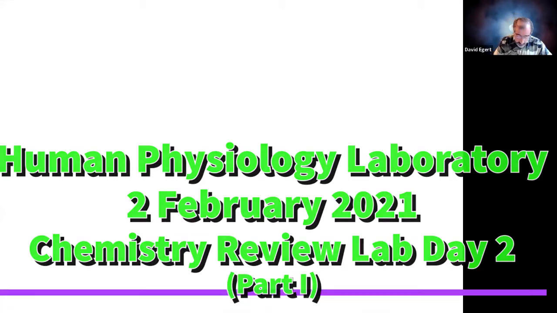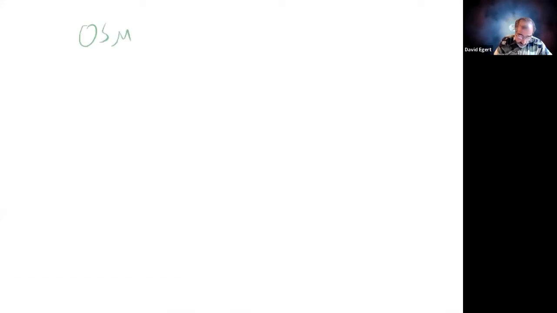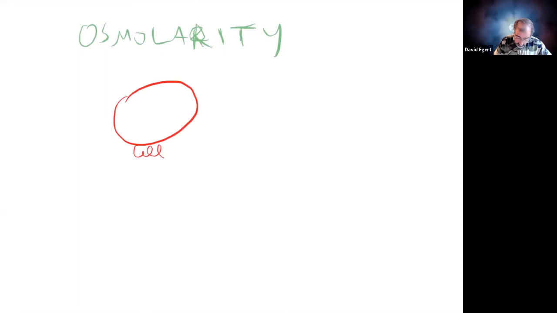All right, so we've been talking about this idea of osmolarity. And a big part of the reason you have to worry about osmolarity is because you want your cells to be happy. Most of your physiological fluids, inside and out, are about 0.3 osmolar. This is important.